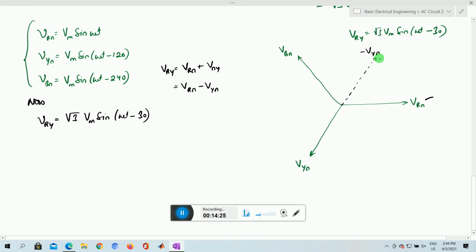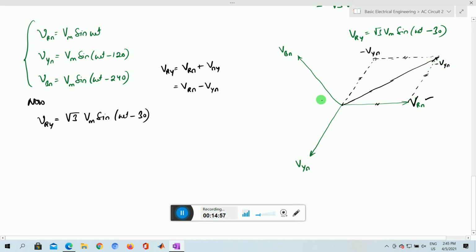After that we have to make the parallelogram. The upper line will be parallel to the lower one, and the side line will be parallel to the other side. Now we take the resultant out of it. This resultant is the phasor sum of VRN and minus of VYN.